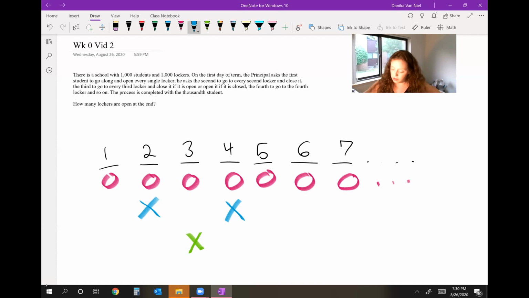Our second student went in and closed every other. Okay. So our third student went and closed the third one, and then the student comes to the sixth one and it has to do something. So it's closed, so they're going to open it. So they open it. And then they go on and on and on and on.